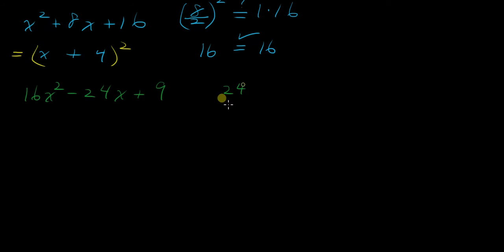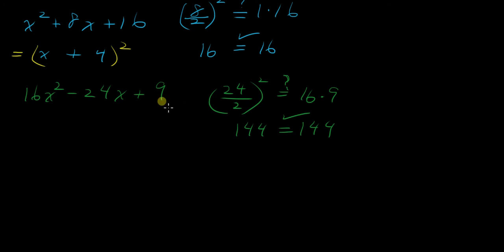Does half of 24 squared equal 16 times 9? Well, 16 times 9 is 144. Actually, let me do it like this. Okay, well, half of 24 is 12. 12 squared is 144. 16 times 9 is 144. This passes the test. This is a perfect square trinomial.